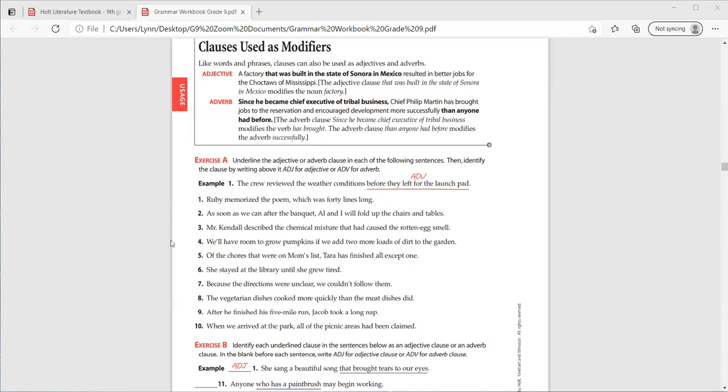Any questions on adjectives? No, Miss. Okay. So next we go to adverbs. If you remember, an adverb makes the meaning of a verb, an adjective, or another adverb more specific. Example, Samuel grinned broadly. How did he grin? Broadly.